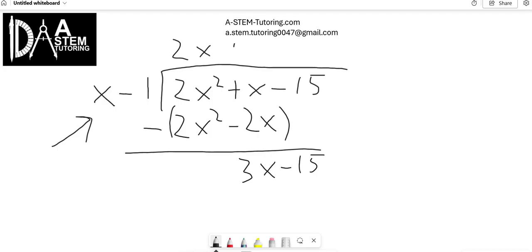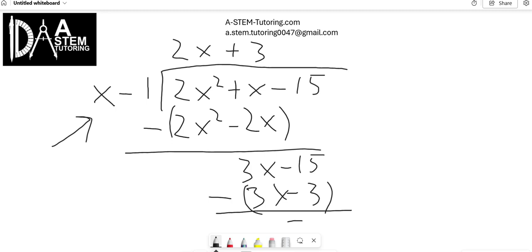So we add a plus 3 up here because 3 times x would give us 3x. This gives us 3x minus 3. Subtract this entire quantity, and minus a negative 3 is a plus 3, and we have a final remainder of minus 12.